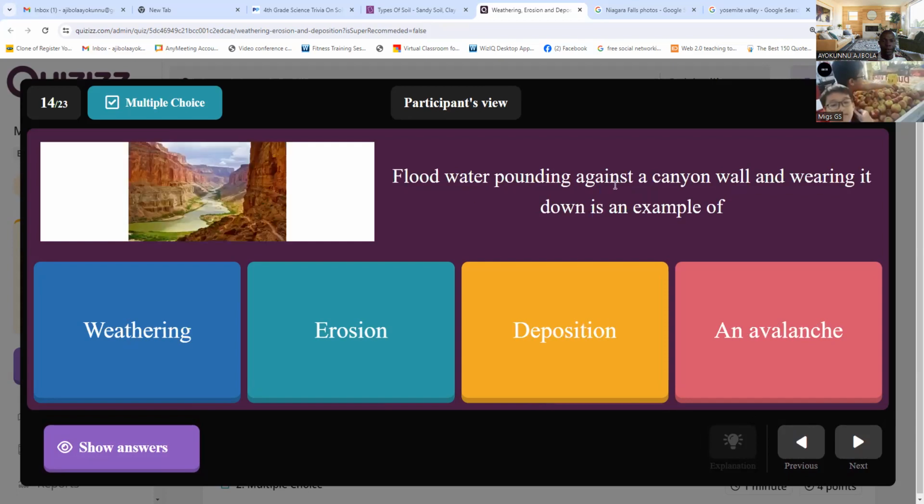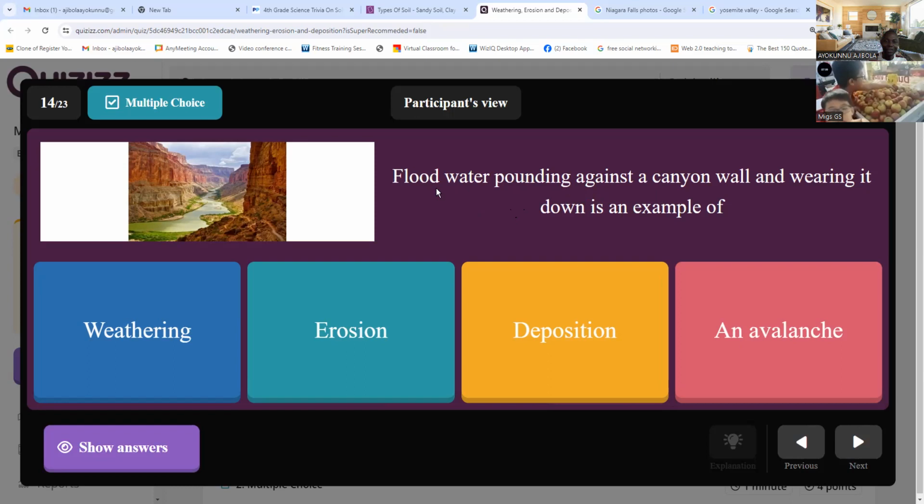Flood water pounding against a canyon wall and wearing it down is an example of dash. Flood water hitting the wall and wearing it down, breaking some part of that wall down, is an example of what? Is it weathering? Is it erosion? An avalanche?